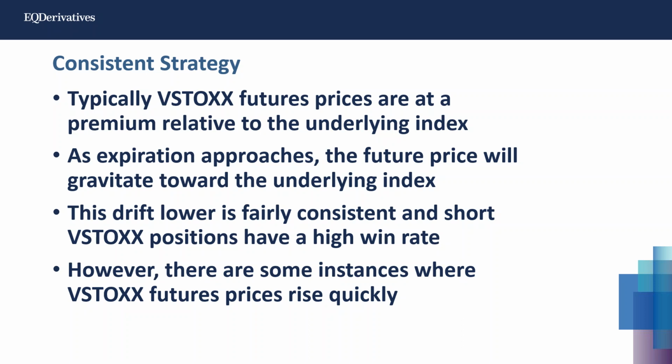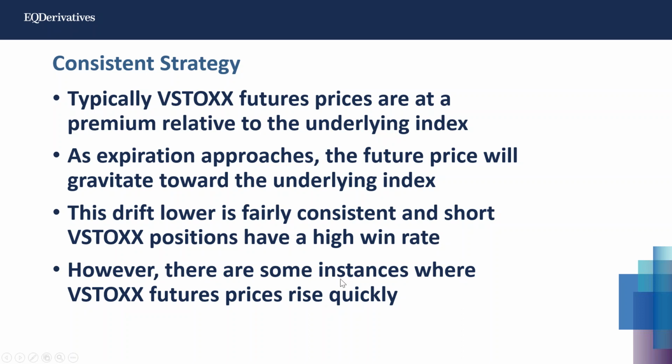However, this can work in our favor if we put on a certain type of trade, because as expiration approaches, futures prices do gravitate toward the underlying index. The pending expiration doesn't really have any impact on the underlying VSTOXX index, but it does cause the futures to gravitate toward the underlying spot. That's something we'll take into account with this trade, or basically, I'm going to say trading system.